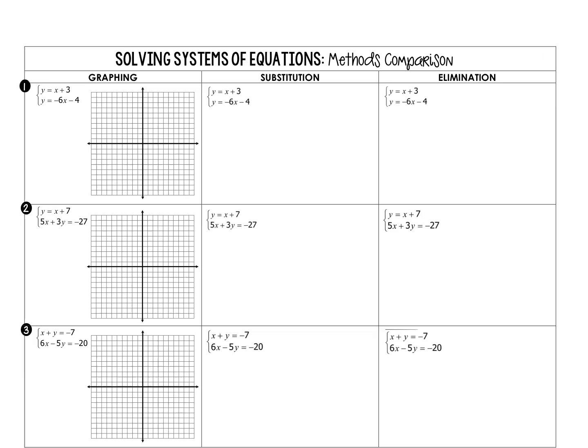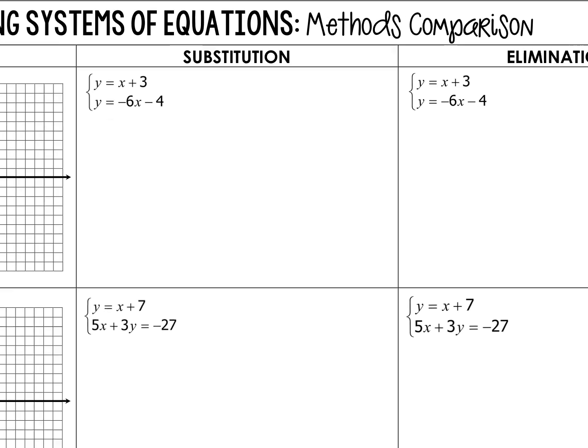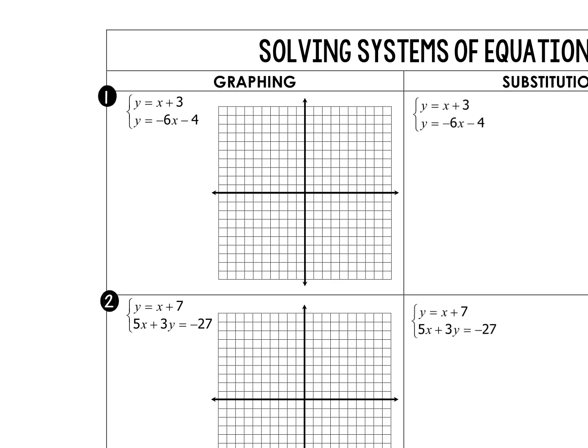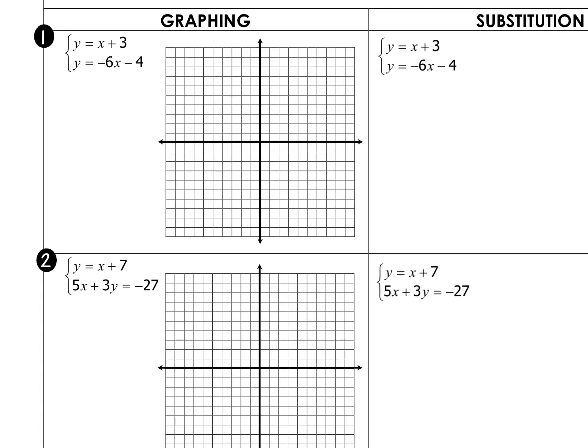Because when I zoom in, I can't see the equation. Like when I zoom into this box, I can't see it over here, but you guys can see it, so you don't have to rewrite it. Okay, so let's look at the graphing first. This problem, when I look at it, is not a bad one to do graphing. Graphing is not usually my first go-to for solving systems, mostly because you have to have graph paper in order to do it.